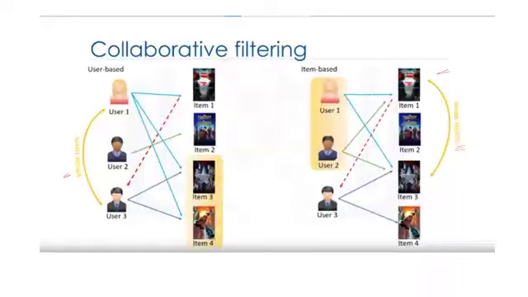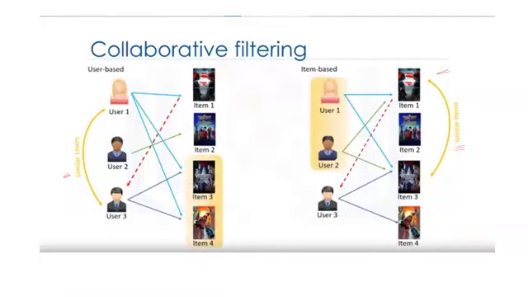The difference is that in content-based, we were finding the similarity between the items based on the attributes of the items. There we are taking the feature set which represents the attributes of these items. But in item-based collaborative filtering, we are not focusing on the attributes, but we are seeing which users are buying this particular item.